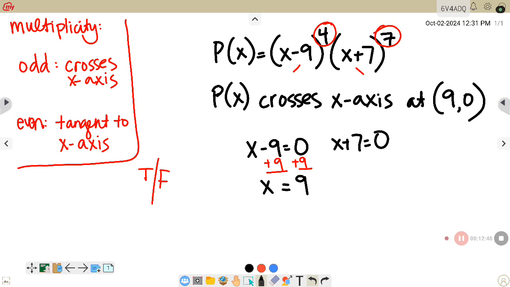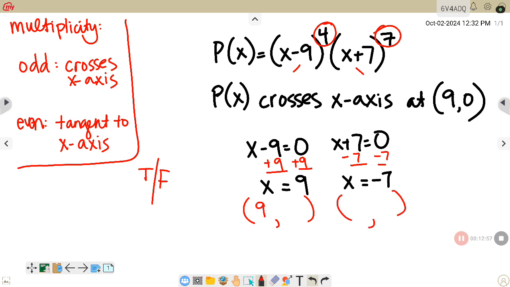And here I'll subtract 7 to get x equals -7. So what you are finding is where the x-intercepts are. So this first one, where x equals 9, it's going to be an x-intercept at 9, 0, because if you're an x-intercept, your y is always 0. This one will be at -7, 0.